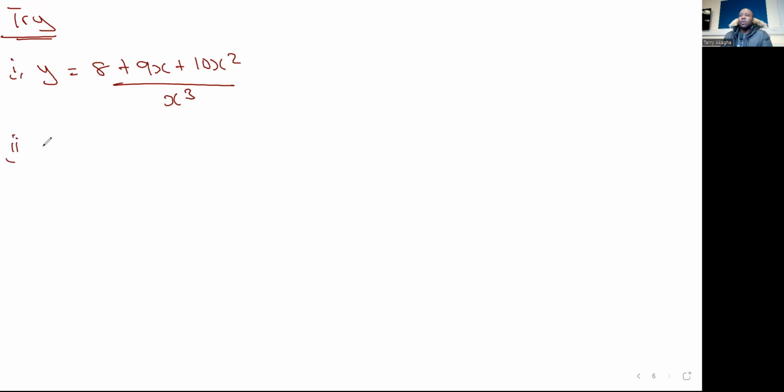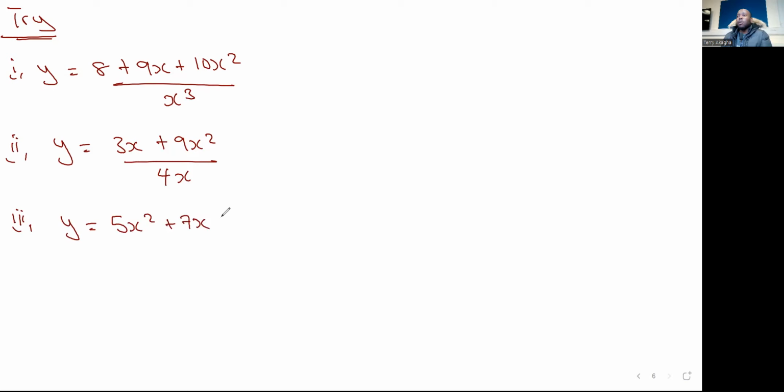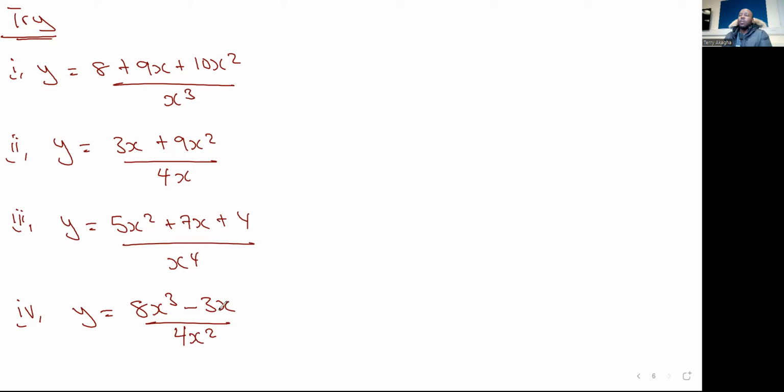The next one, y is equal to 3x plus 9x squared, divided by 4x. Next, y is equal to 5x squared plus 7x plus 4, divided by x to the power 4. And another one, y is equal to 8x cubed minus 3x, divided by 4x squared. In all these cases, I want you to find dy over dx.